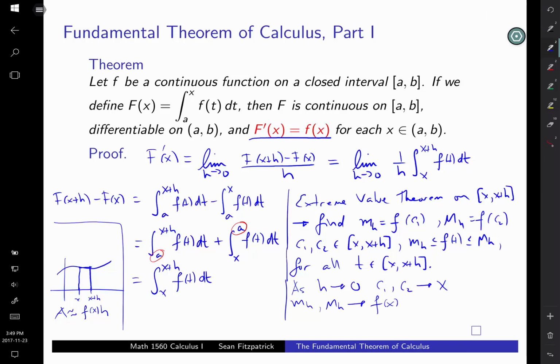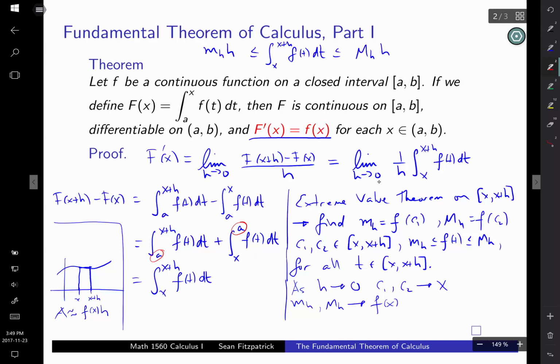And so what happens? Well, let's put it up at the top. The integral from x to x plus h of f of t dt is less than or equal to big M, the maximum, times the width of the interval, which is h, and it's bounded below by little m times h.